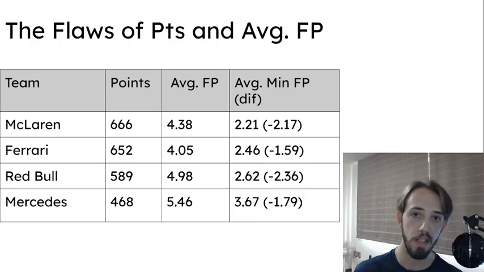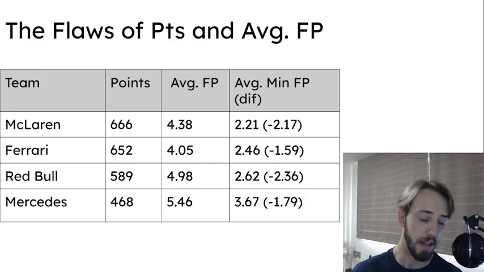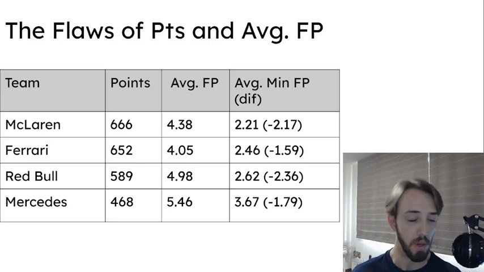And when you calculate average finishing position, with both drivers' results, interestingly enough, Ferrari actually had the best score here of 4.05, McLaren second at 4.38, a pretty big gap to Red Bull at 4.98, and Mercedes last with a 5.46.